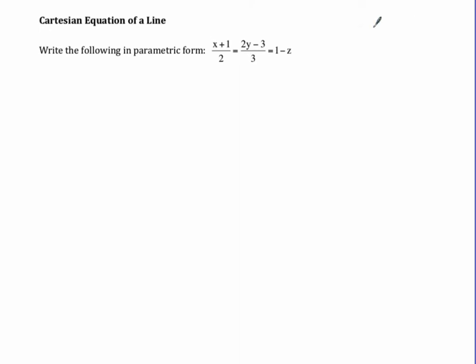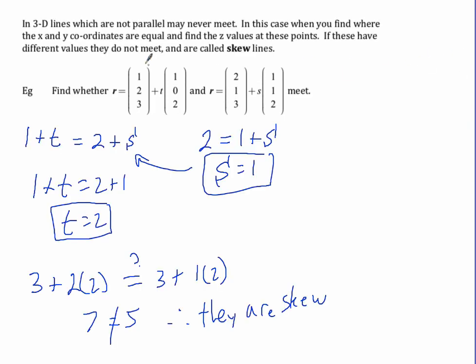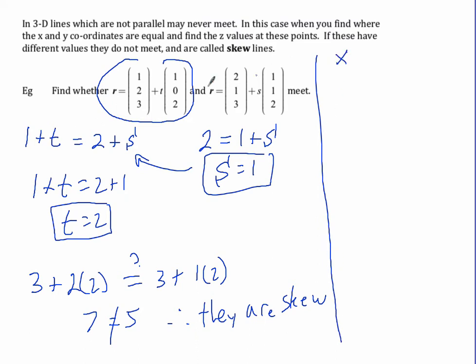Okay, next we have a Cartesian equation of a line. Let's back it up a bit actually, so we can write this one in Cartesian form by solving for t for all 3 components. So for example, if we write out r as x, y, z, we have x equals 1 plus t, y equals 2 plus 0t, z equals 3 plus 2t.